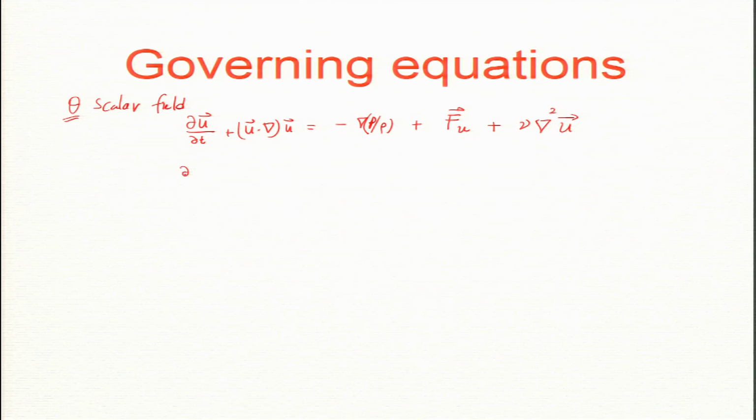Now, what is the equation for theta? Theta is advected with the flow. Theta is a function of x and t, or r and t. So, the total time derivative of theta. I am not going to derive the full thing, but you can derive it like what you did for velocity.